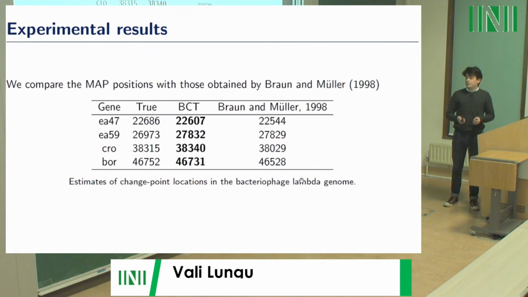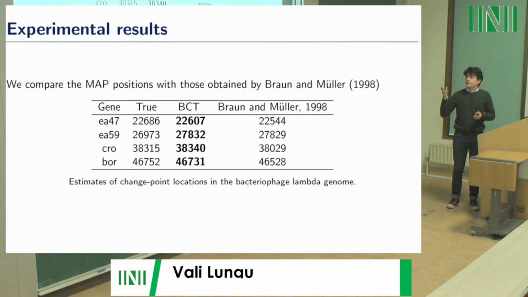And in terms of results, we also compared our MAP estimates to those obtained by Braun and Muller in their 1998 paper, which is quite old, but it's still used as a benchmarking paper. And actually, we've also compared our results to the true biological locations, which were identified in the lab using different biological tools.